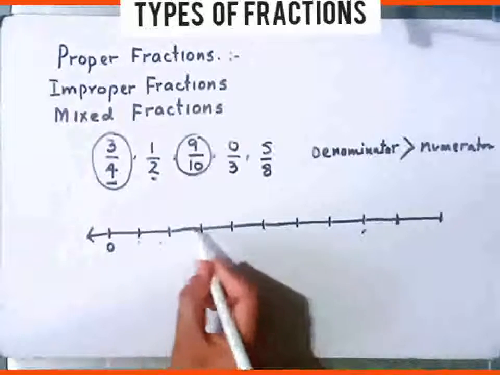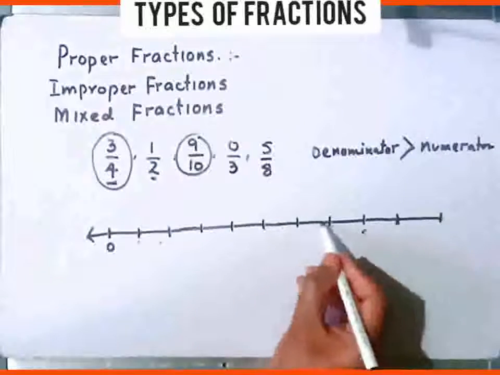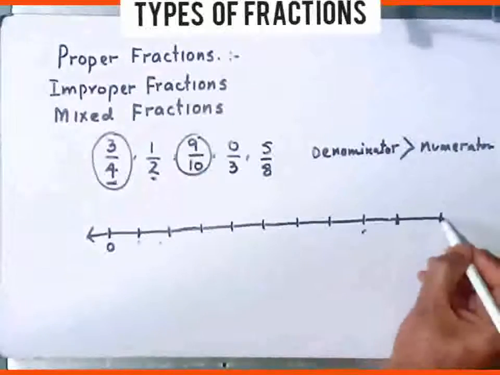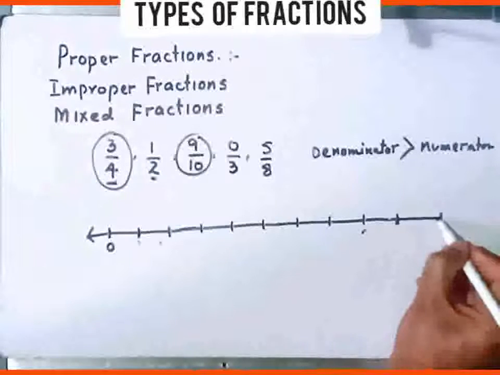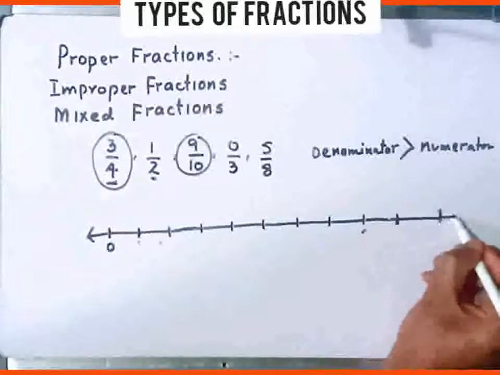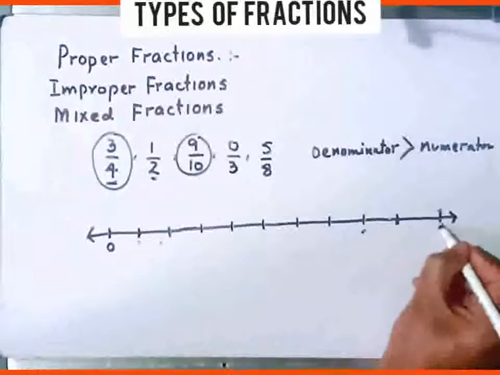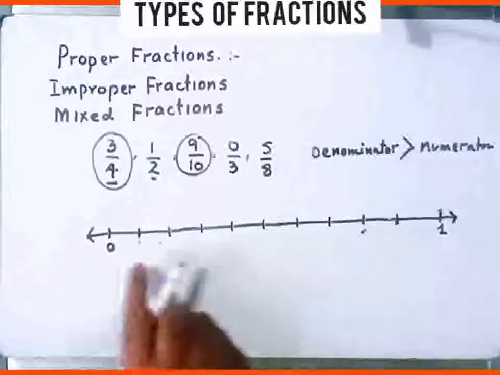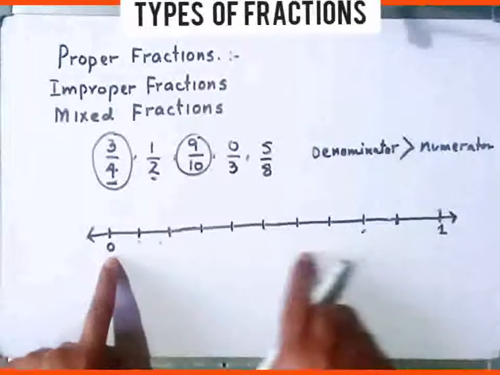So the distance between 0 and 1 is divided into 10 equal parts.